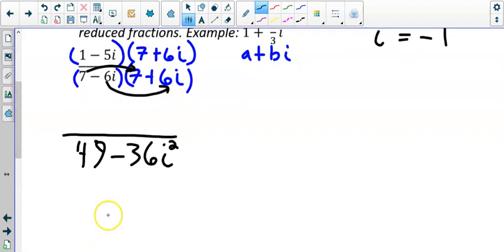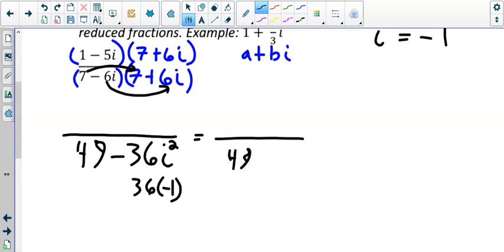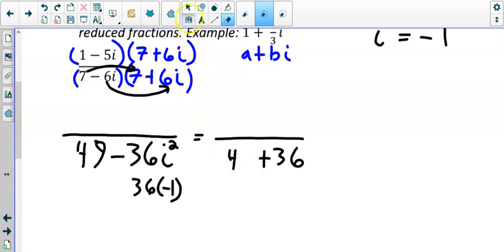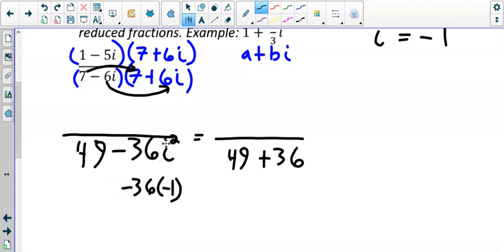So this really becomes 36 times a negative 1. What's in the bottom then? 49, not minus anymore. It's going to become a plus 36. If you want, you can think of it as a negative 36 times a negative 1, because that's what i squared is, a positive 36. So what is 49 plus 36? 85. So there's your real denominator.